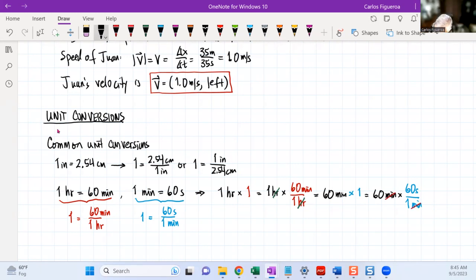And so I get 60 times 60, which is 3,600 seconds. That means 1 hour is the same as 3,600 seconds.